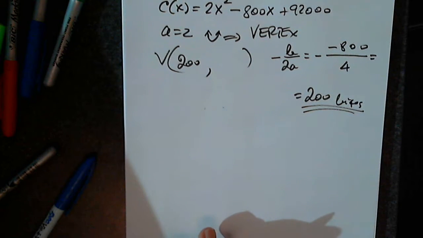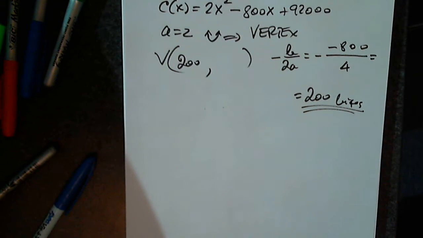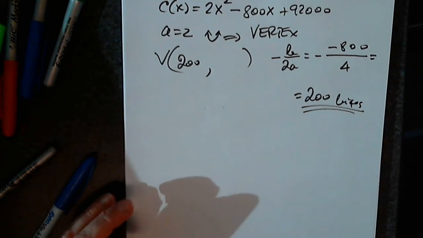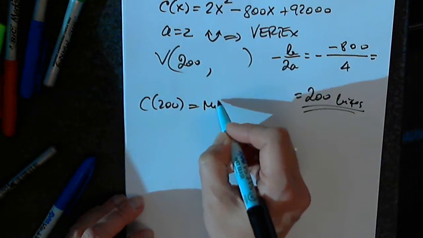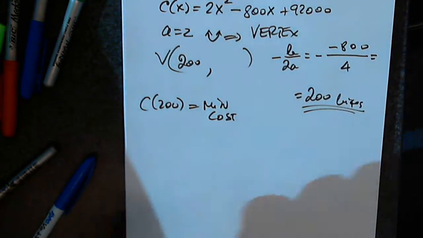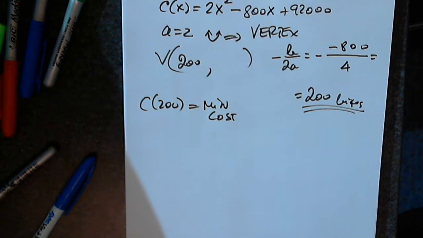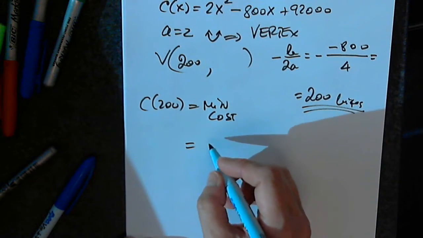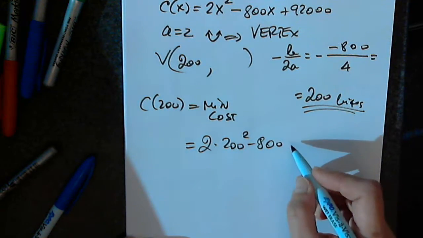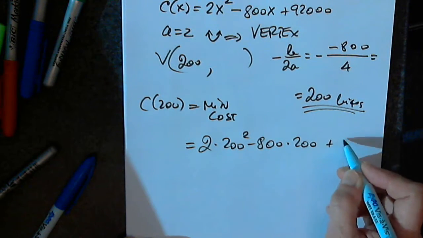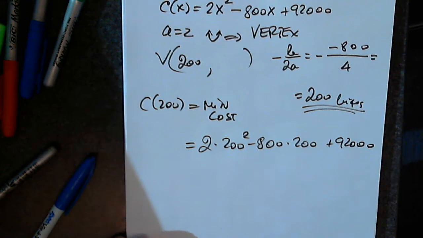And the question part B, find the minimum cost. How do I find the minimum cost? 200. Exactly. So C of 200 will be the minimum cost for sure. Just plug it in. 2 multiplied by 200 squared minus 800 times 200 plus 92,000.